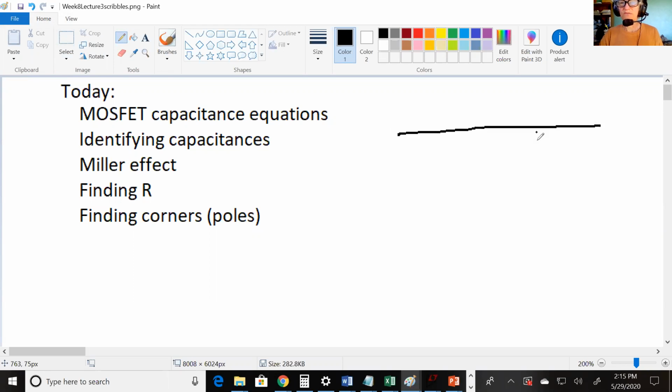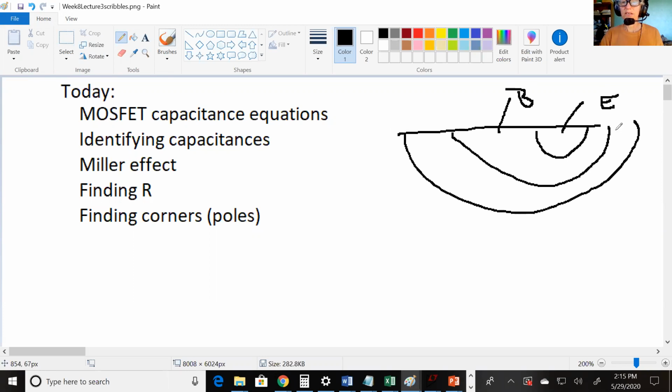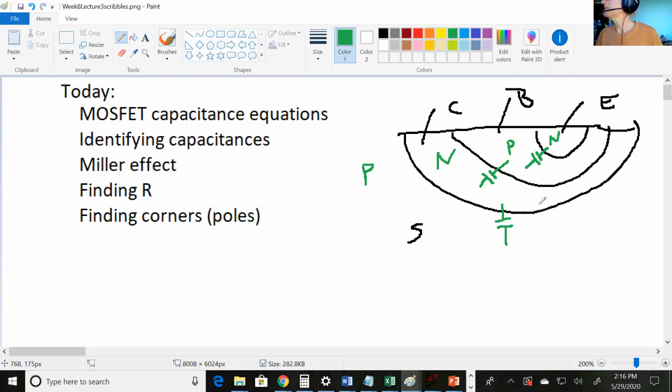On the video and in the last lecture, we had the emitter, the base, the collector, and the substrate, and each one of these PN junctions behaved like a capacitor. So for a BJT, there are 3 capacitances that you see. And we'll see why that's important again in a little bit.